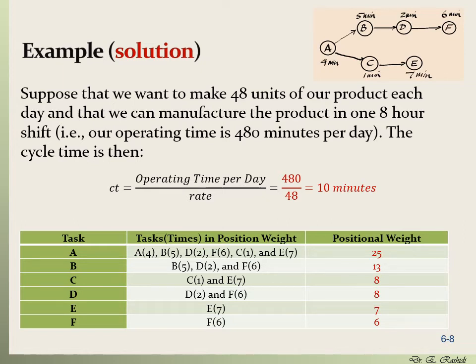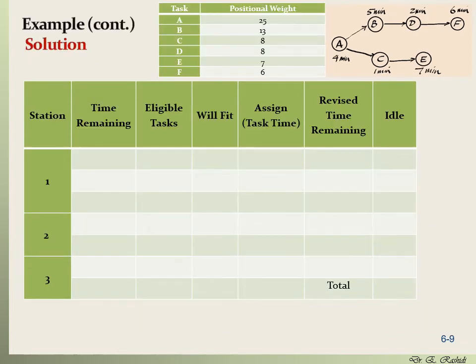Now let's go ahead and start the algorithm. We start with workstation 1. The time remaining at workstation 1 is the cycle time, which is 10 minutes. And the eligible task here is only task A. We need to start with task A. There's no other task that we can start with. So task A, does it fit?